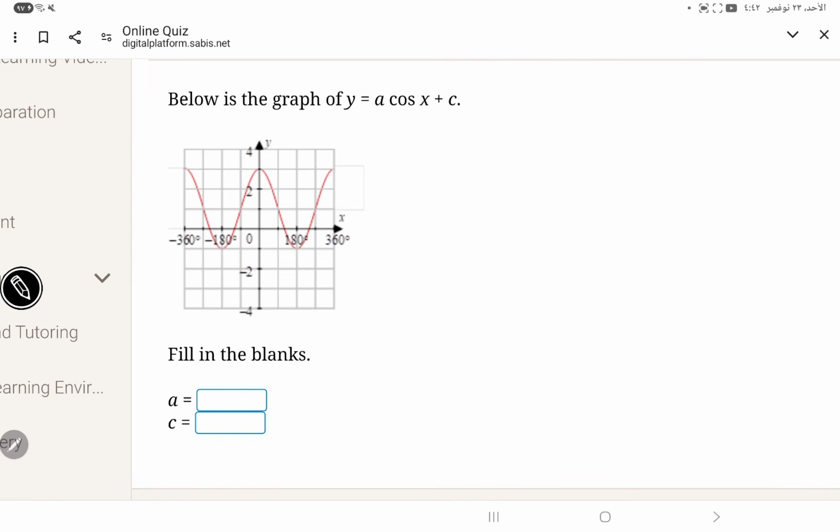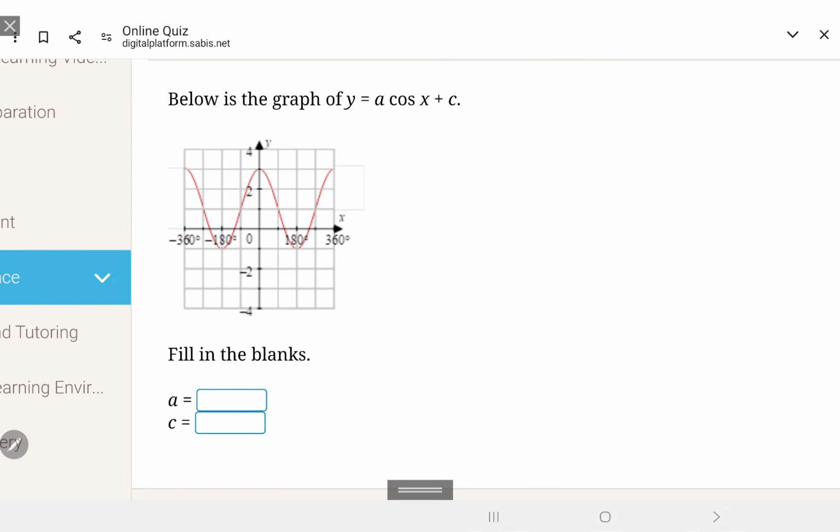C is the line in the middle. So this is C, y equal 1. So C must be 1, because here it passes through 1. And the amplitude is the distance from the middle line to the maximum point, which is 2. So here you have 2.